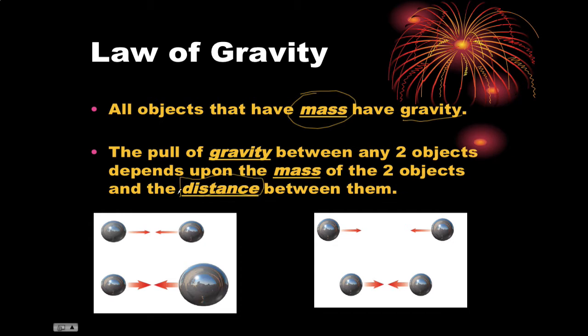Those are the two variables. Okay, so the two variables are going to be the mass of the two objects that we're trying to figure out the force between, and the distance between them.